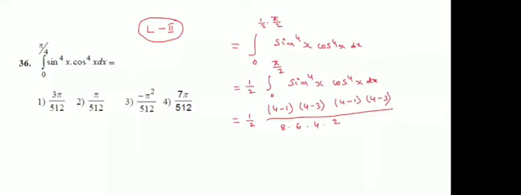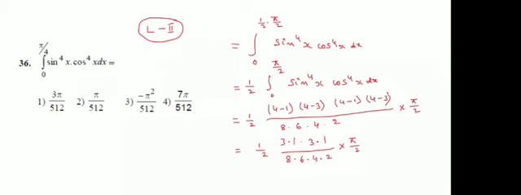Up to here. Now both are even, so here we get pi by 2. Now calculate this: 1 by 2, numerator 3 into 1, 3 into 1 divided by 8, 6, 4, 2 into pi by 2.